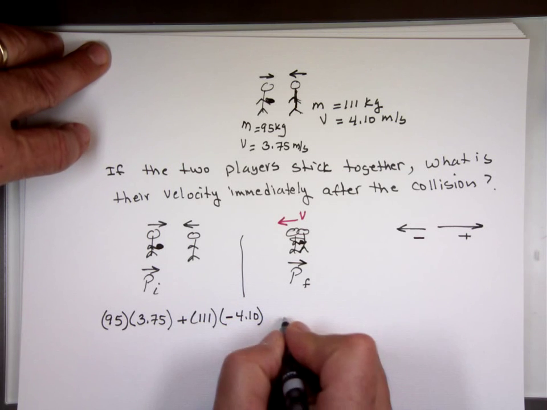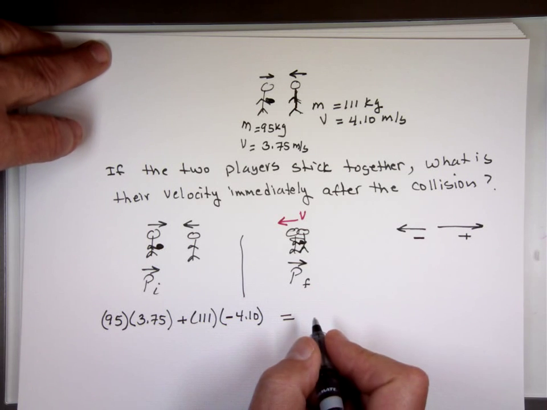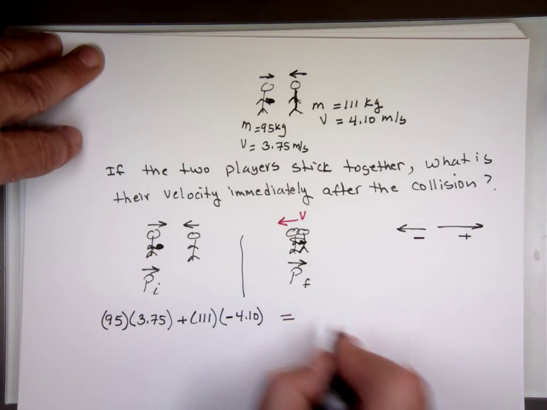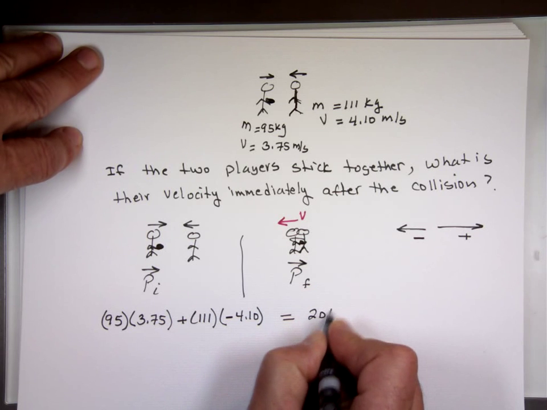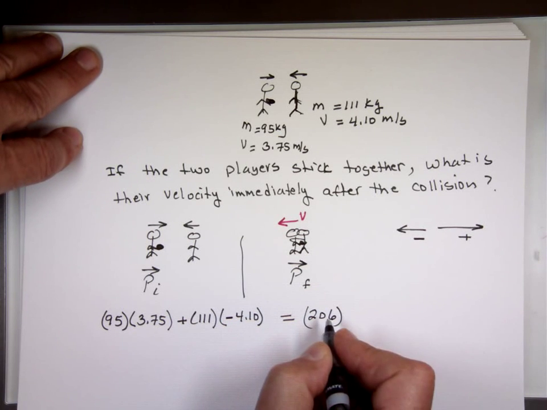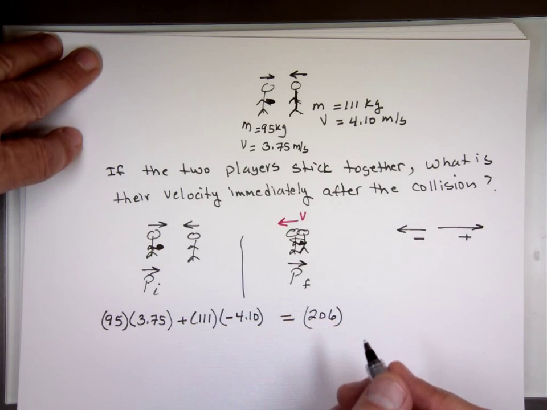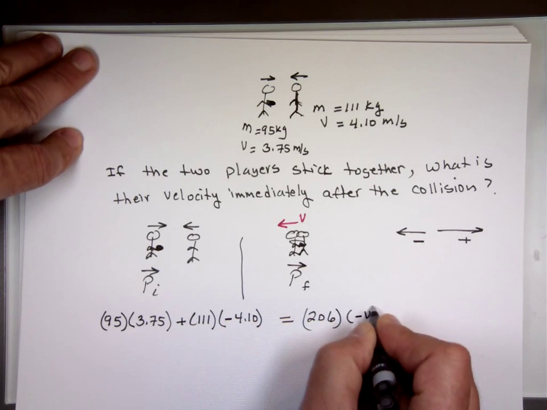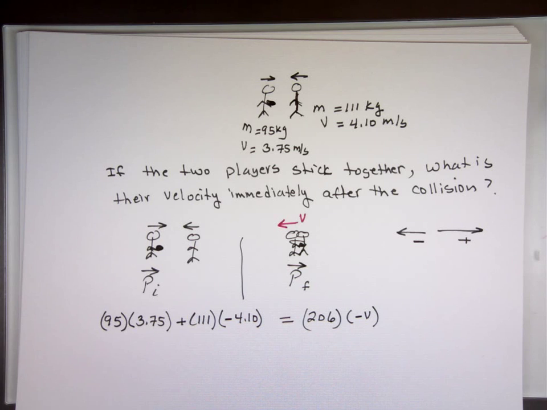Now they stick together, so what's the combined mass? Is it 206? 111 plus 95? I think it's 206. And the velocity is negative v. I'm saying it's going to go to the left, so I'm using negative to indicate to the left.